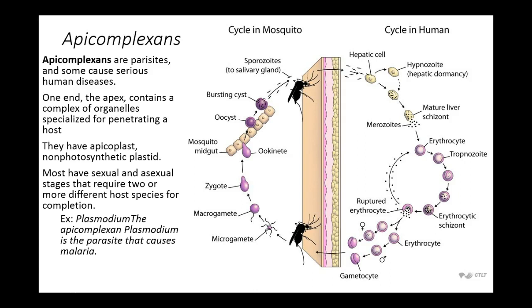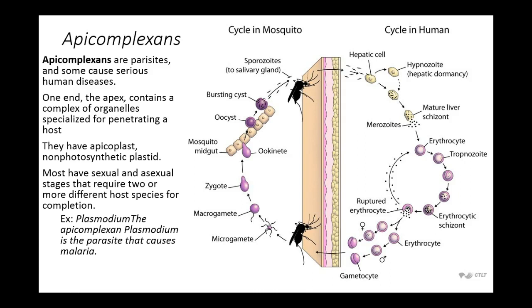Remember, this one requires two different hosts. The next mosquito comes along, bites this particular person, and takes in this blood. This blood then goes to the gut of the mosquito, and that's where the microgamete is created.